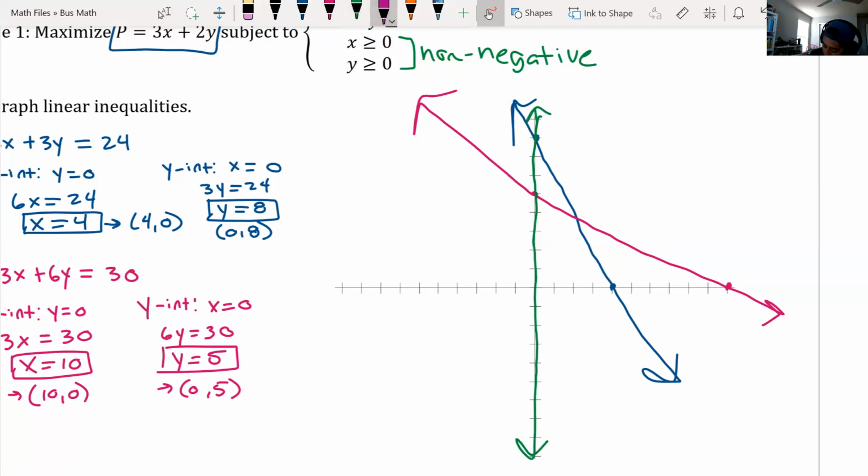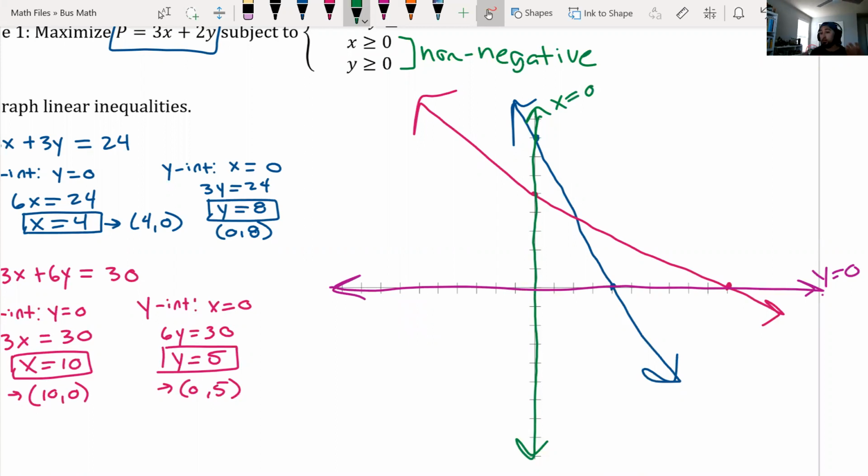And I'll have y equal to 0 going down the x-axis. There we go. So this is y equals 0, and this is x equals 0.